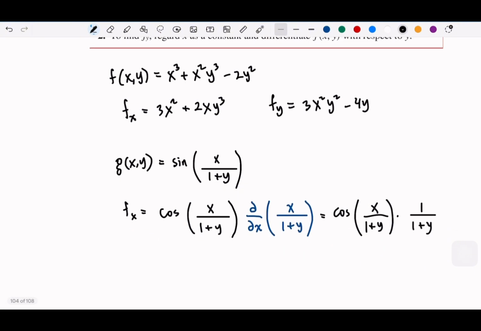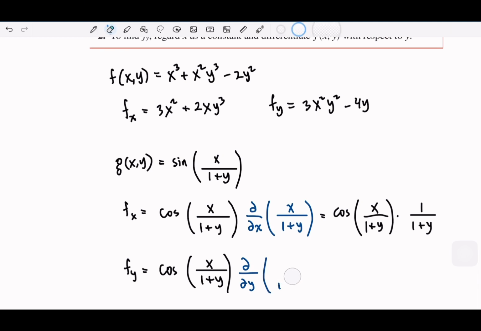Now taking the partial derivative with respect to y, it will be the same cosine x over 1 plus y, and then taking another Leibniz for y, okay.